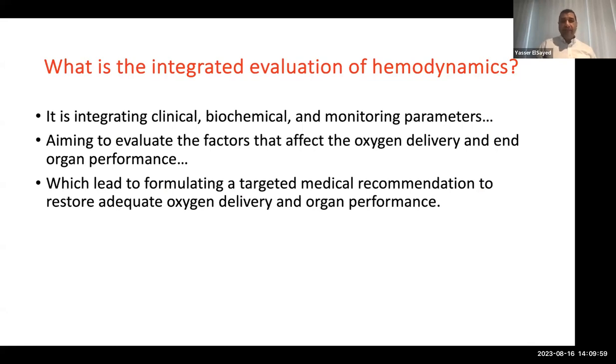If you understand from whatever we have, the biochemical monitoring parameters, echocardiography, ultrasound, and the end organ performance, the oxygen indices, now we can formulate a targeted medical recommendation to restore adequate oxygen delivery and organ performance.